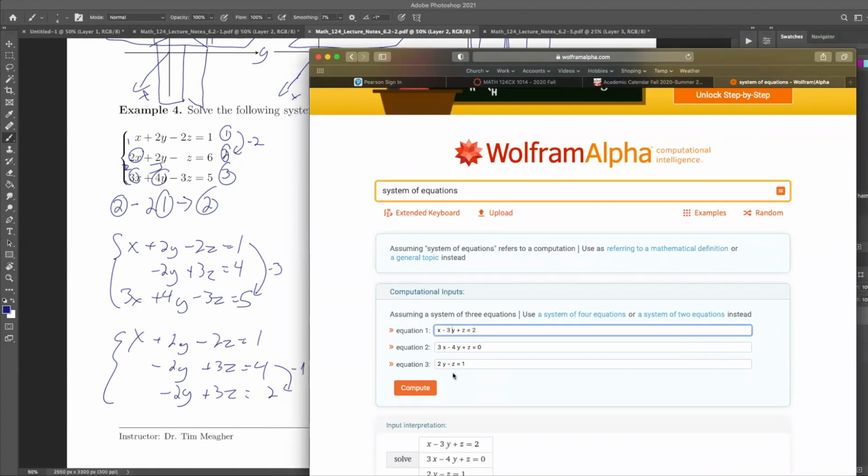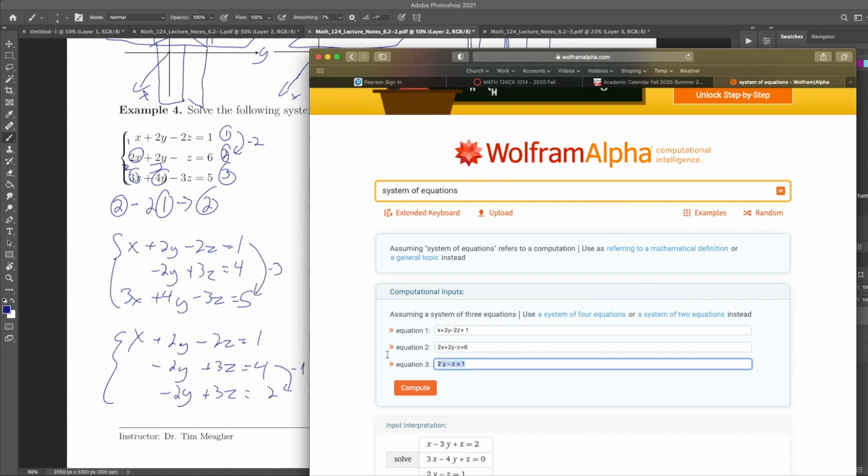Here we have equation 1, so we'll have x plus 2y minus 2z equals 1. Here we have equation 2. Go ahead and type that in. We'll have 2x plus 2y minus z equals 6.